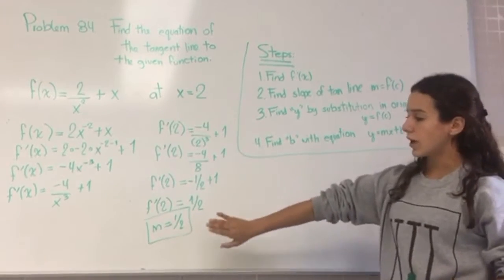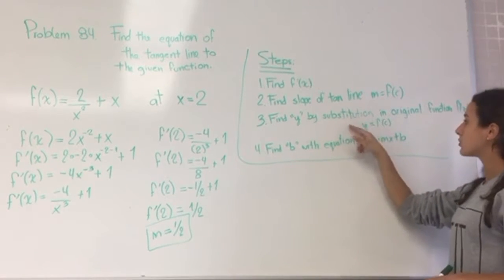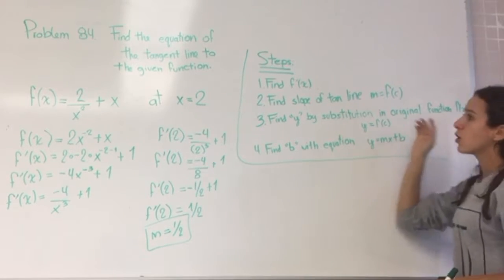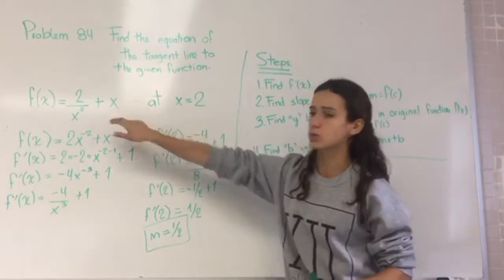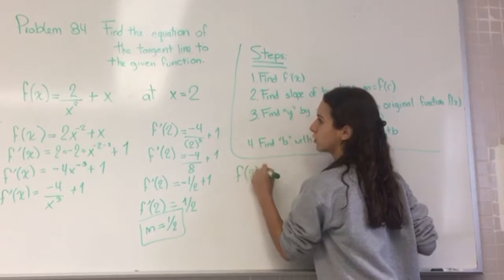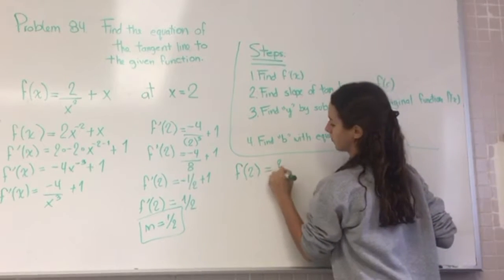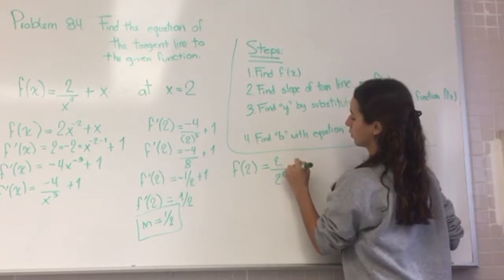Now we found m, we have to do the third step, which is find y by substitution in the original function. With x equals 2, you substitute in the original one, which is this one. So f of 2 equals 2 over 2 squared, plus 2.